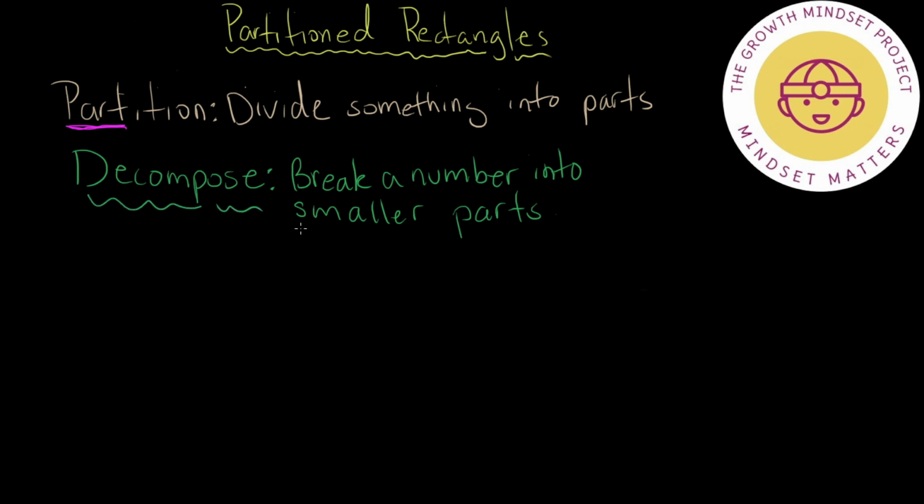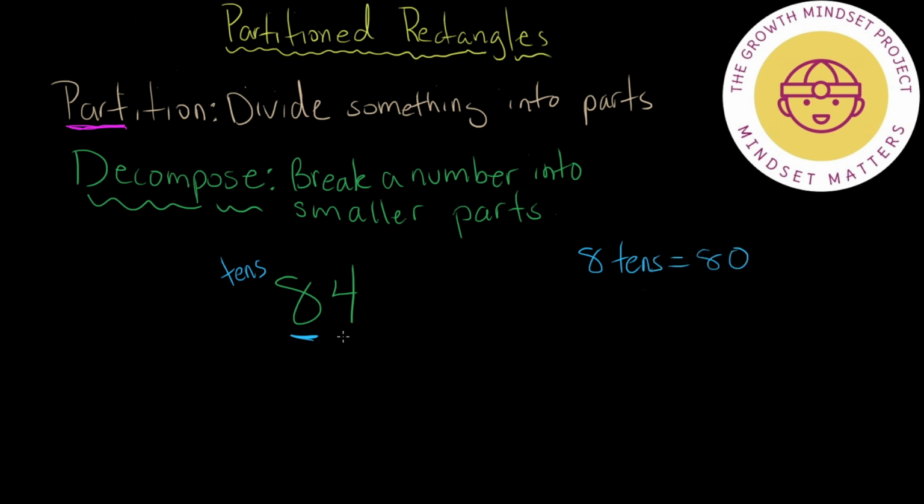decompose a number. So imagine that we had the number 84. And we know, because we know about place value, that the number 8 in 84 is in the tens place. Okay, so we know that that 8 is really 8 tens, which is 80.